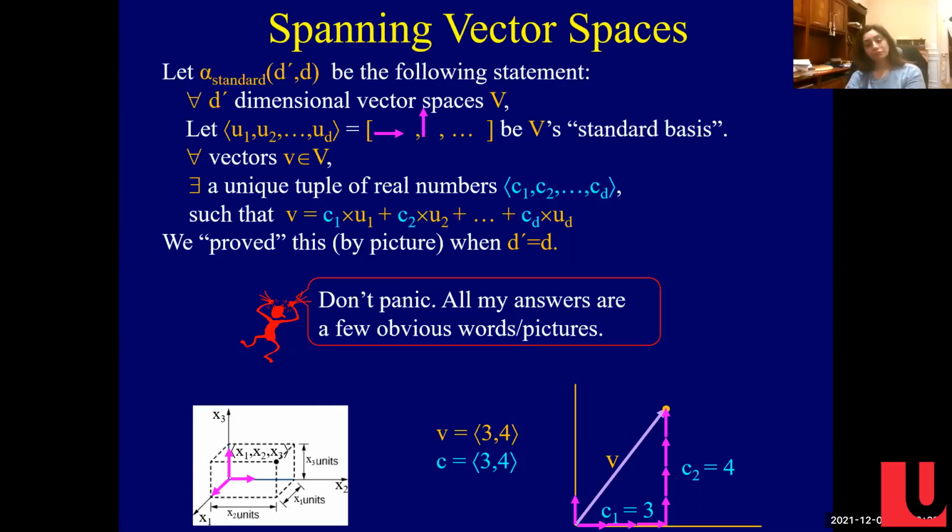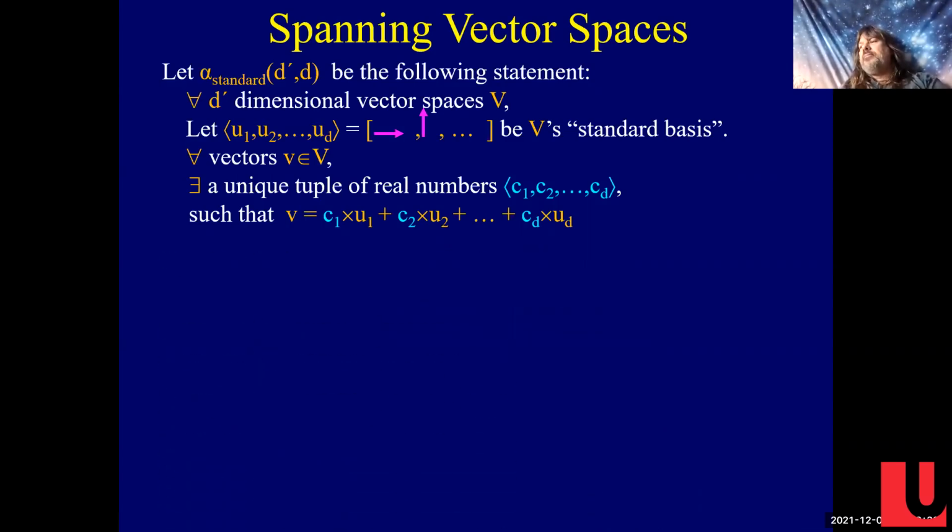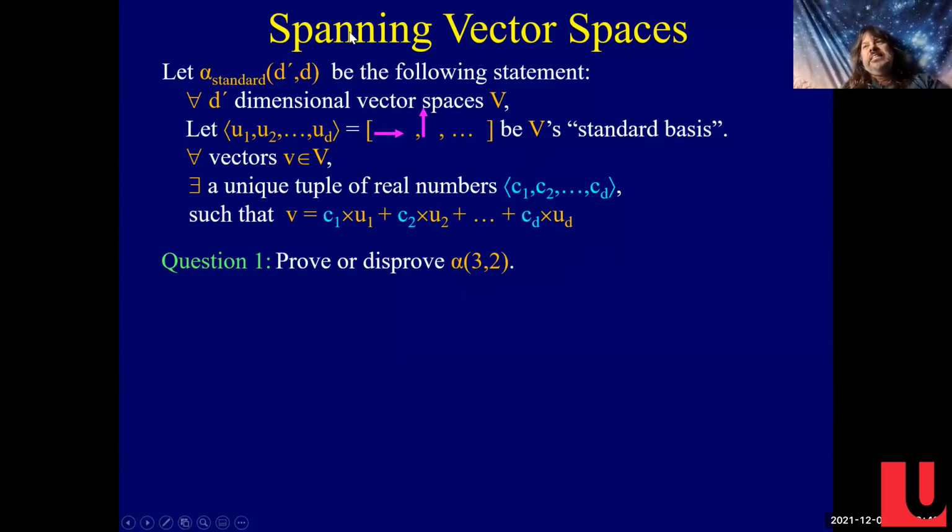So if you want to think about it next, what's this statement? This is when I have a three-dimensional vector space, but I only have two bases. Is my first order logic statement true or false when I have two basis vectors that I take linear combinations of? Can I span a three-dimensional space?